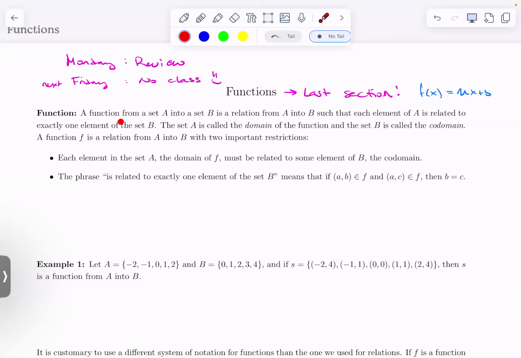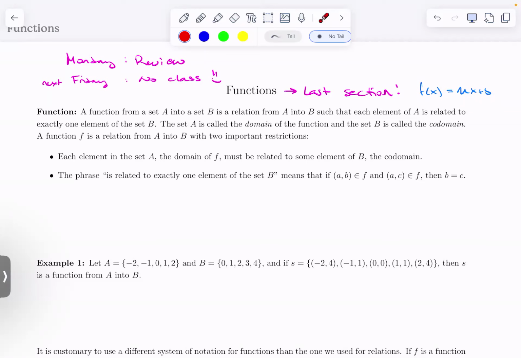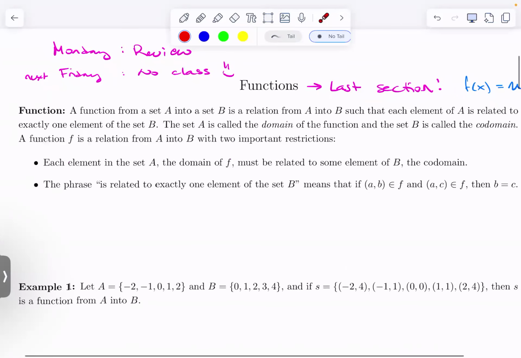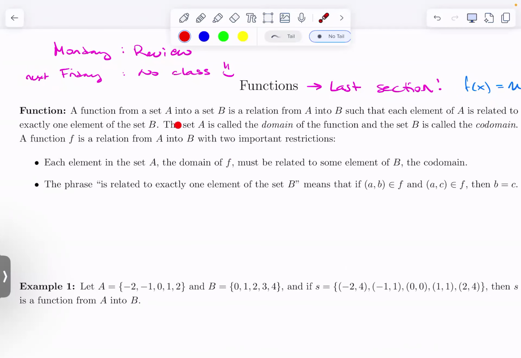All right. So what is a function? A function from a set A into a set B is a relation. That sounds familiar. We just had relations on the test, right?